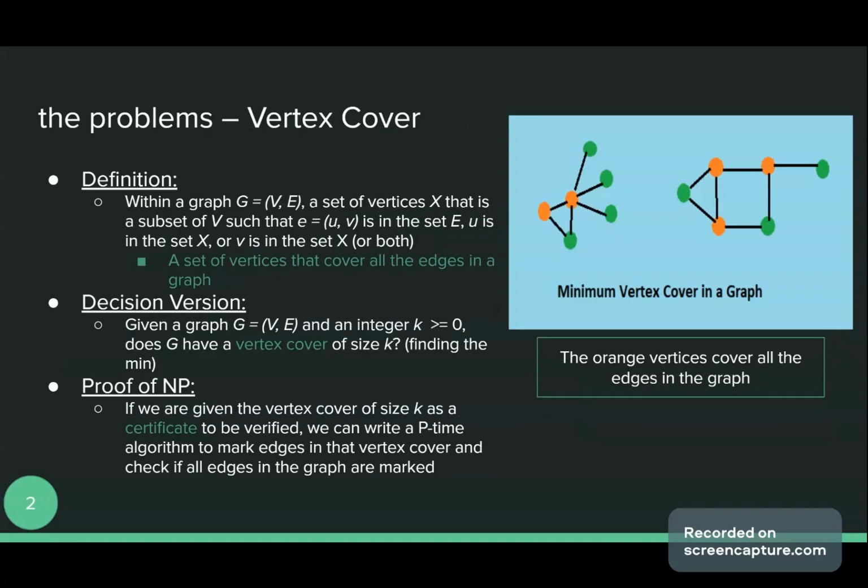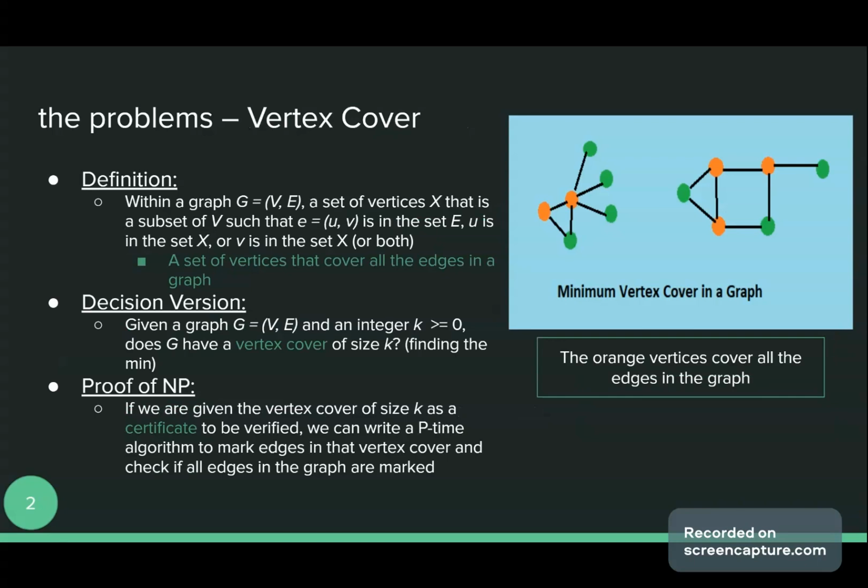Next, we'll go over the vertex cover problem. It is defined as, within a graph G, a set of vertices X that is a subset of the total vertices, such that for every edge (U, V) in the set E, which is the set of all edges, U is in the set X, or V is in the set X, or both.